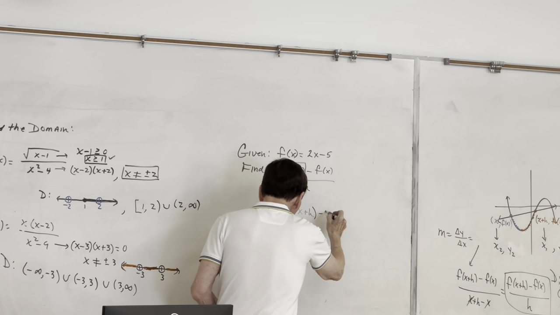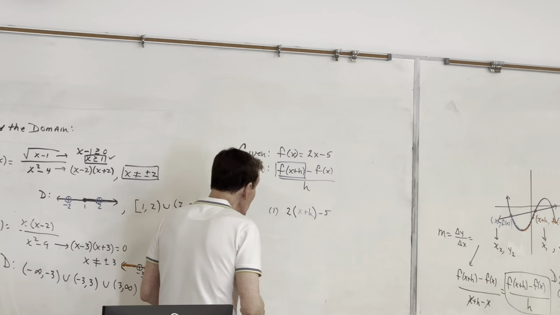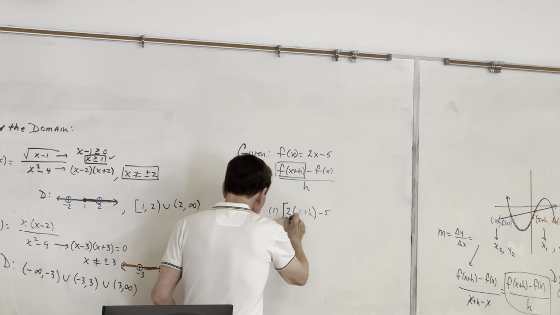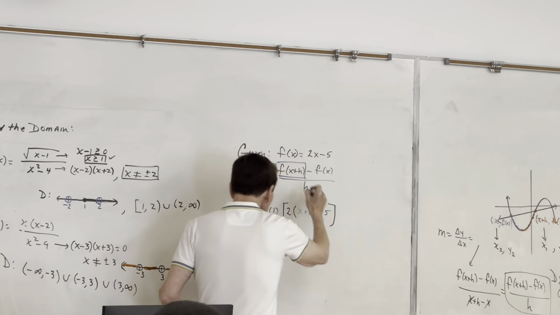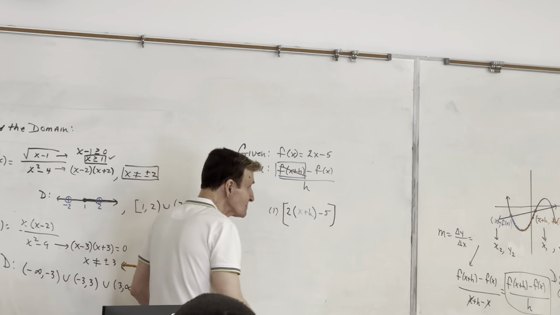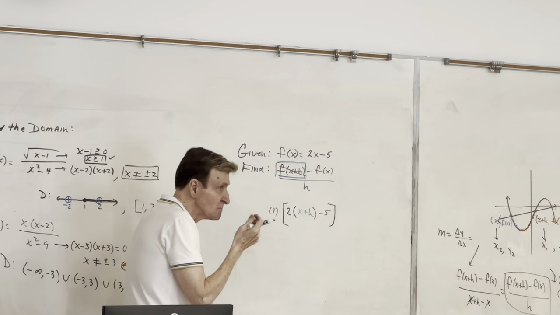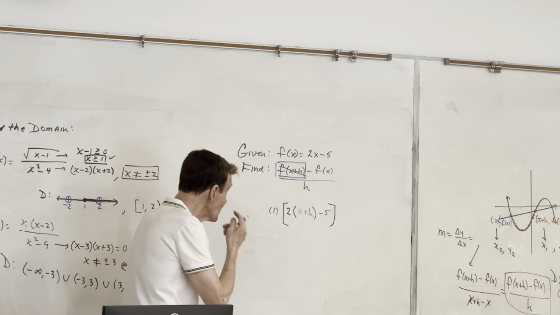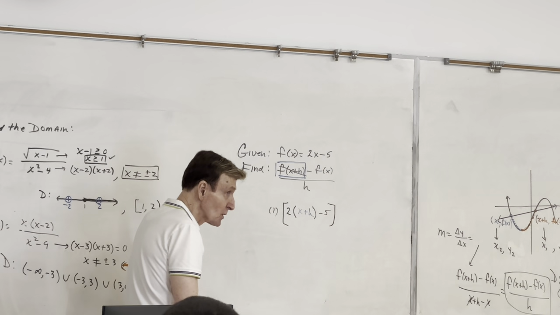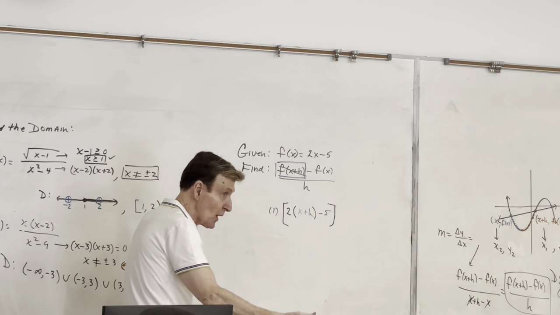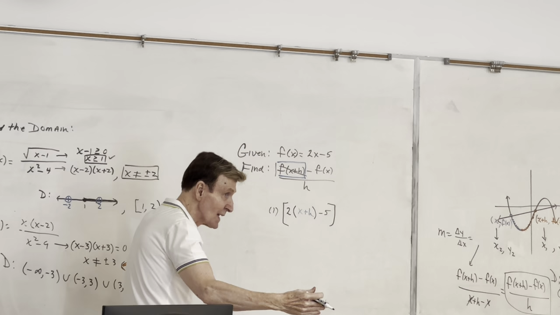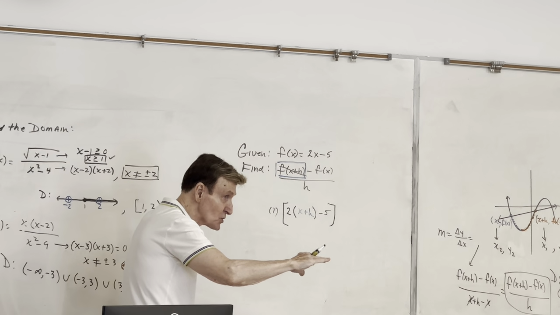Subtract 5. Now that, and block it off, that represents that difference quotient formula that we have over there. That's f of x plus h. Everyone agree? Just go to my function, substitute x with x plus h. That's the way the function now looks.